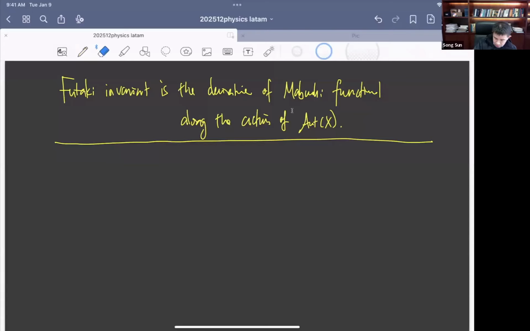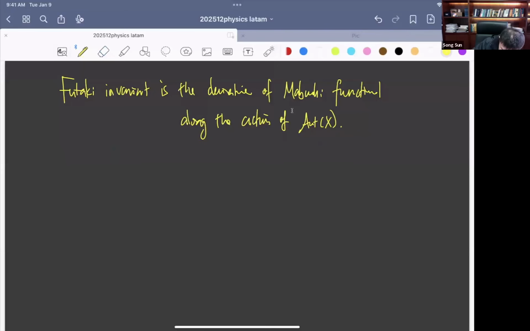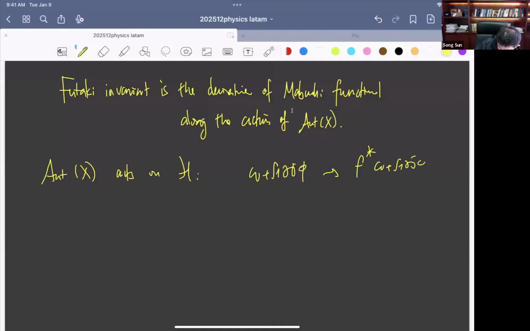So maybe I should explain this. The sentence just means the automorphism of X acts on H, taking omega plus i partial bar phi to F star omega plus i partial bar phi. So there's a problem with the translation by a constant, but let's forget about that.